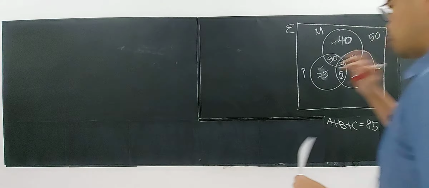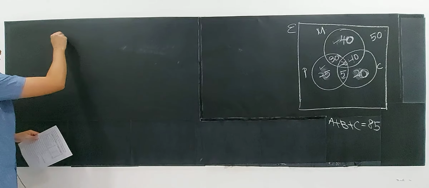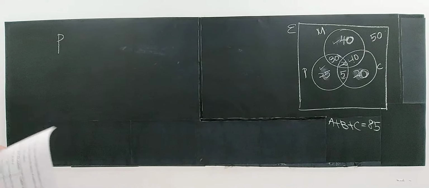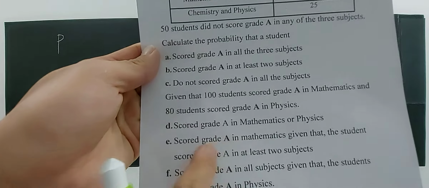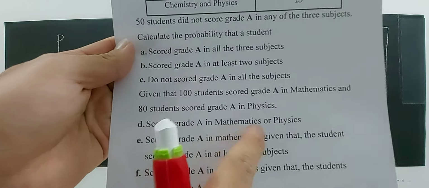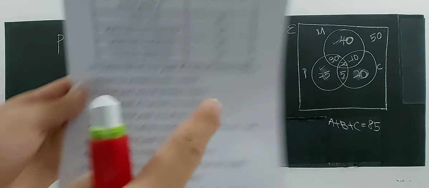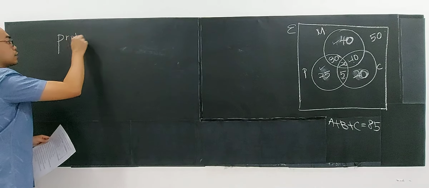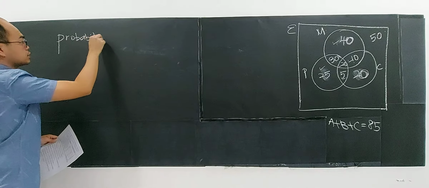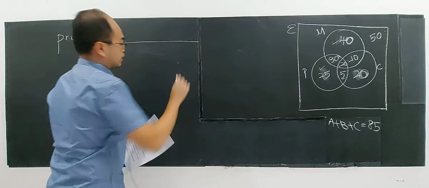It's hard for me to write in mathematical symbols, so I just write the sentence: the probability that a student scores grade A in mathematics given that the student scores grade A in at least 2 subjects is... How to calculate this?